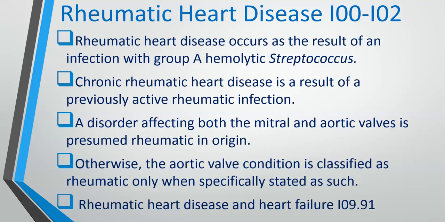Unless ICD-10-CM directs the coder to assign the code for rheumatic, it is inappropriate to assign a code for rheumatic congestive heart failure. So you have to have that causal relationship in order to code it as rheumatic heart failure. Just keep that in mind whenever it comes to rheumatic heart disease and ICD-10-CM.